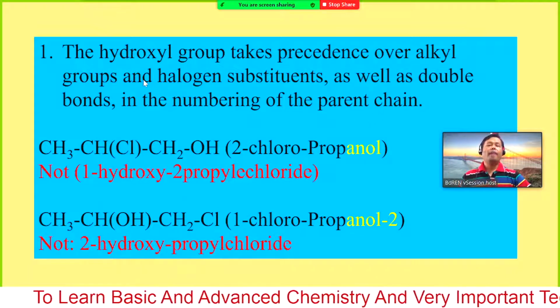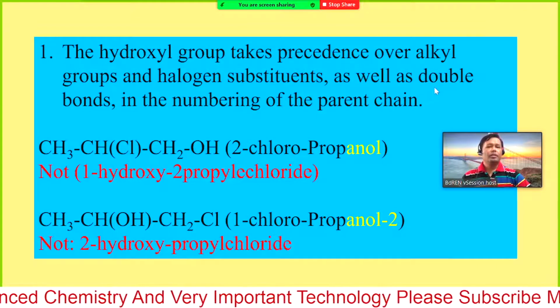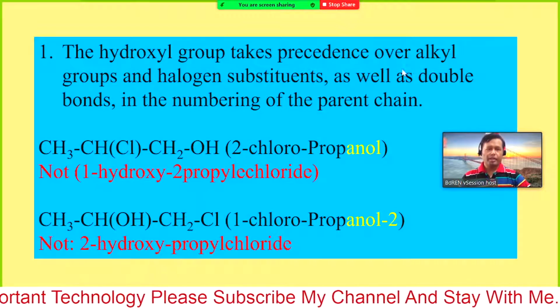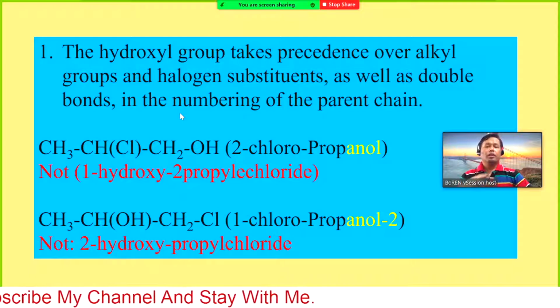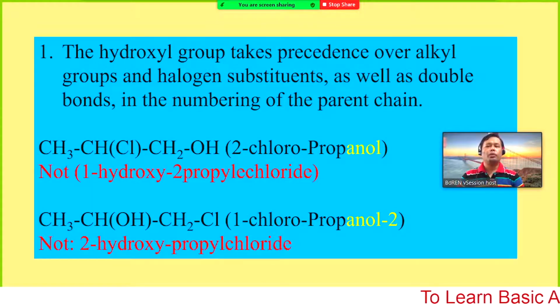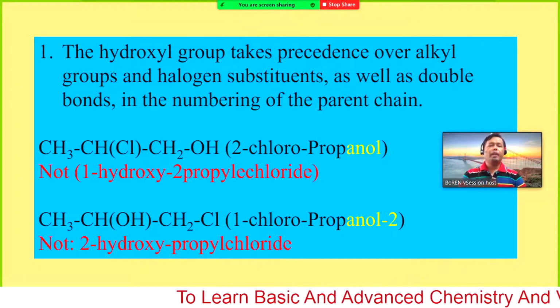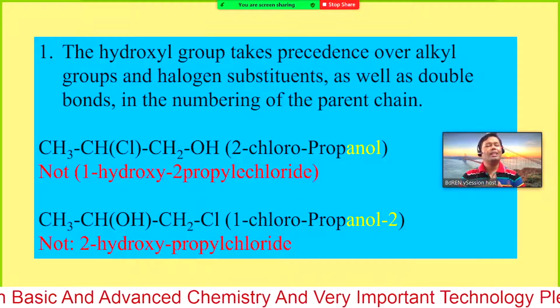So if you have a hydroxyl group in a compound, it may also have a double bond, halogen substituents or other alkyl substituents. In that case, you need to consider that compound as an alcohol, because later we will show a chart of the priority of functional groups, which tells you, if two or more functional groups are present, which one gets more preference.